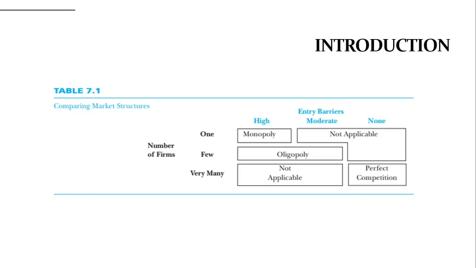However, whereas perfect competition is characterized by firms producing identical standardized products, monopolistic competition is marked by product differentiation. In short, the two dimensions of competition shown in Table 7.1, though useful, do not do the full job of distinguishing different market structures. And yes, that is the introduction.